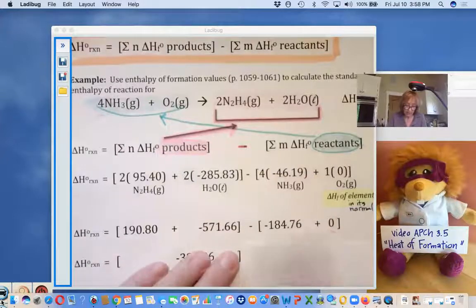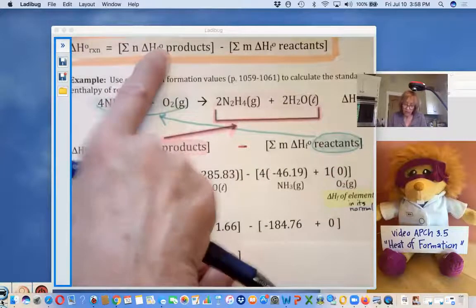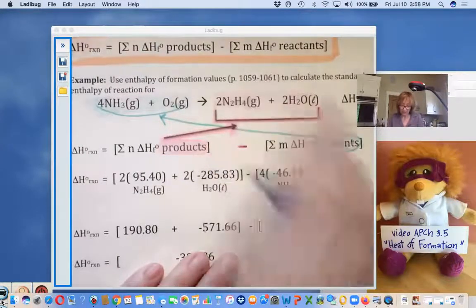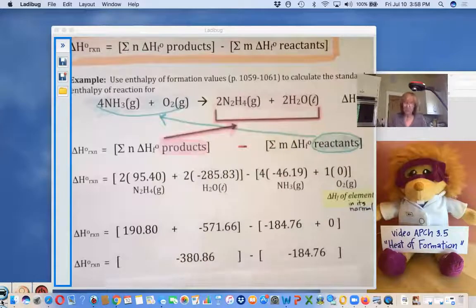Okay, so again, this is the sum of the heats of formations of my products, and I will subtract the sum of the heats of formations of the reactants. So it cleans up to look like this. And then I take negative 380.86 minus negative 184.76.